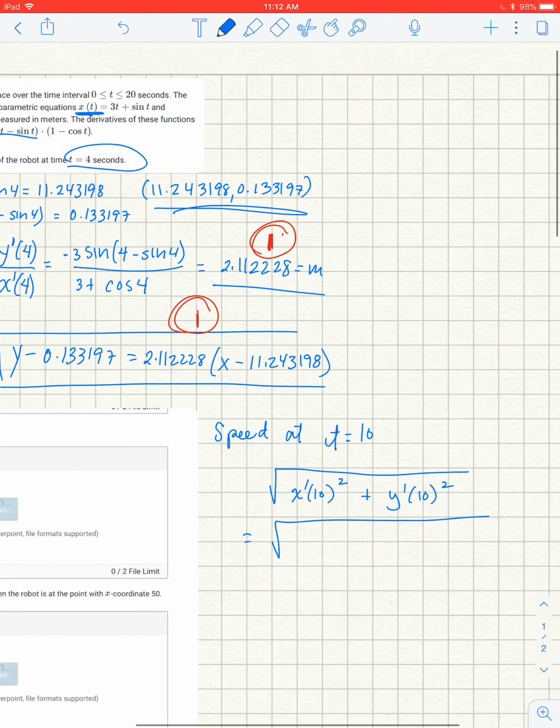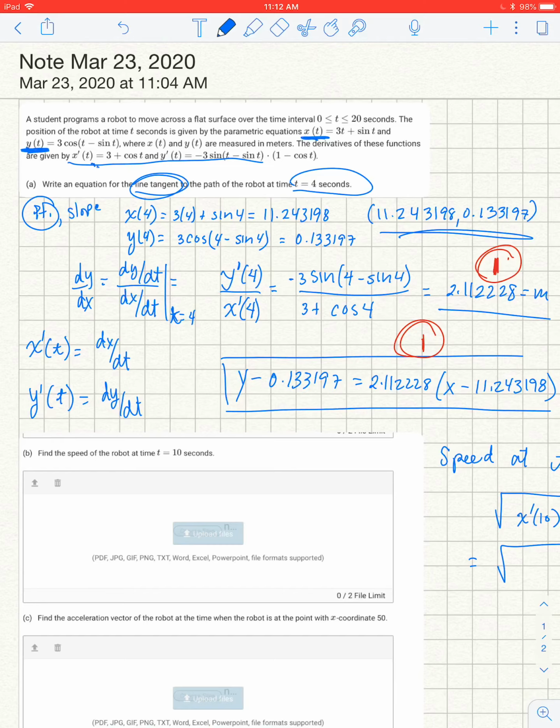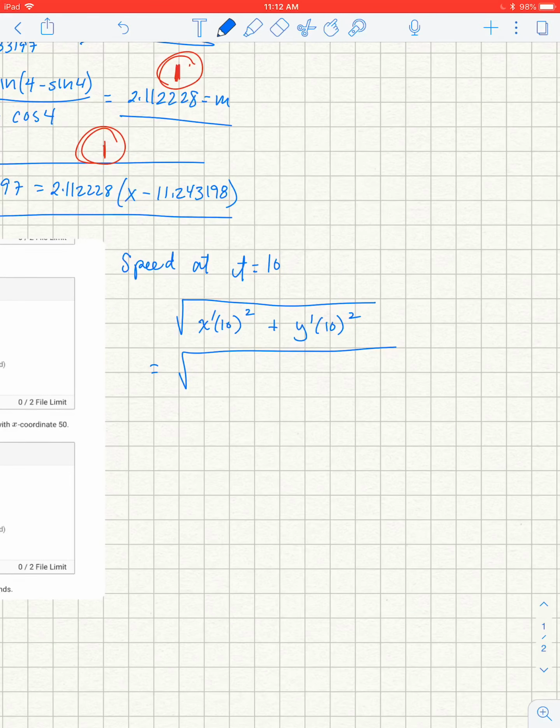So I'm just going to plug into the derivatives that were given right here, and I would get 3 plus cosine 10 squared plus negative 3 sine 10 minus sine 10, and then 1 minus cosine 10 squared. Yeah, the whole thing squared.